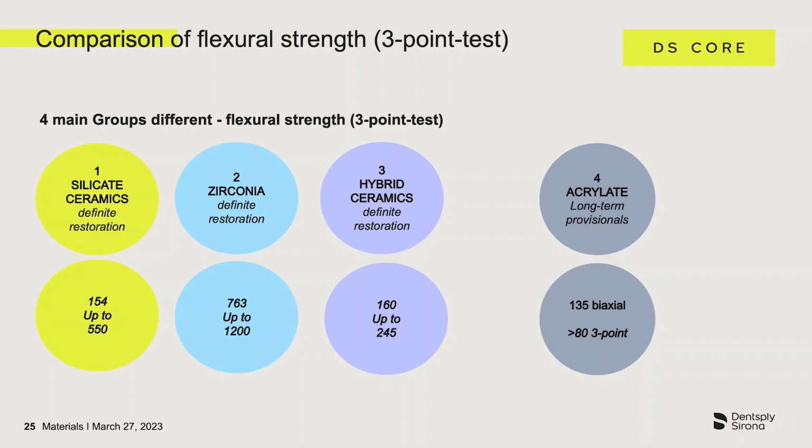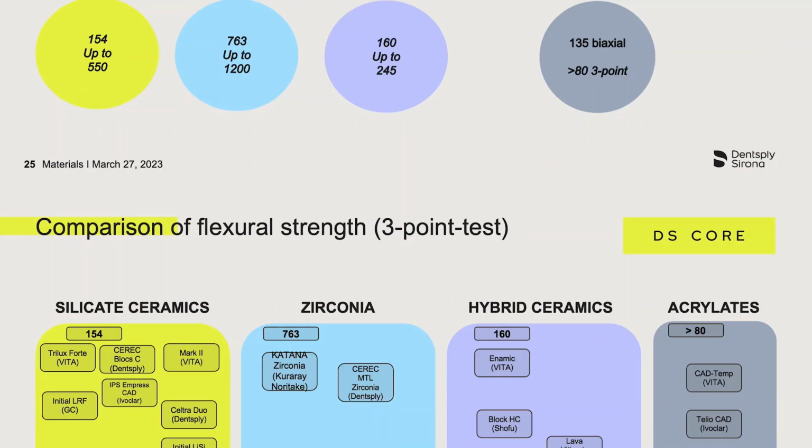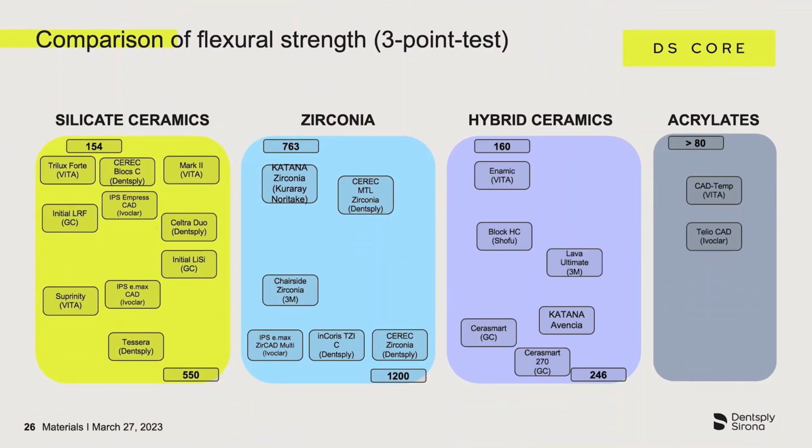The acrylates are a bit out of the way, since these are materials that are not approved and intended for a definitive restoration. The average flexural strength of acrylates is about 80 megapascals. We will now take a closer look at the individual material groups and break them down to show which material examples, which blocks have approximately which flexural strengths.